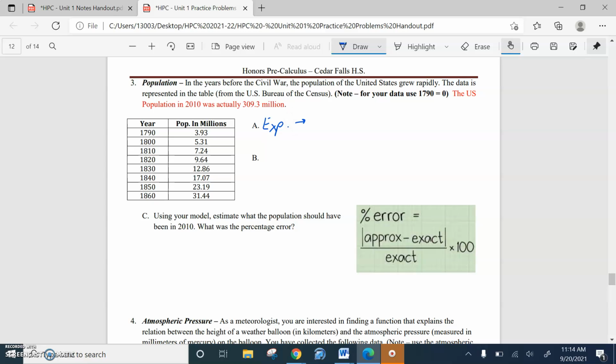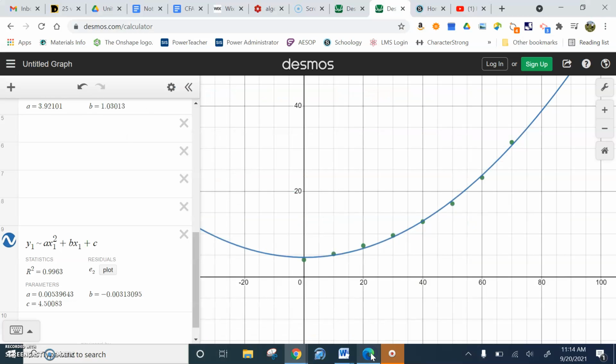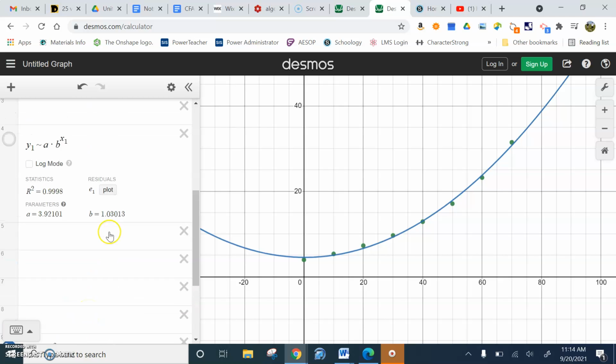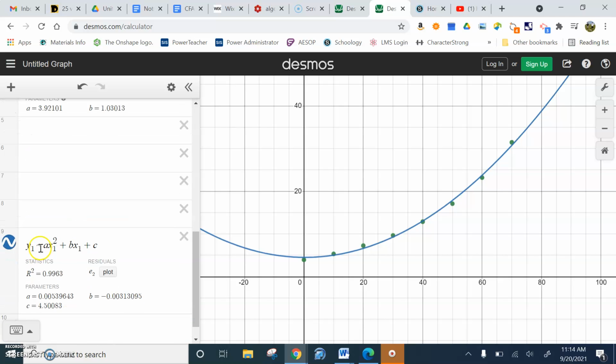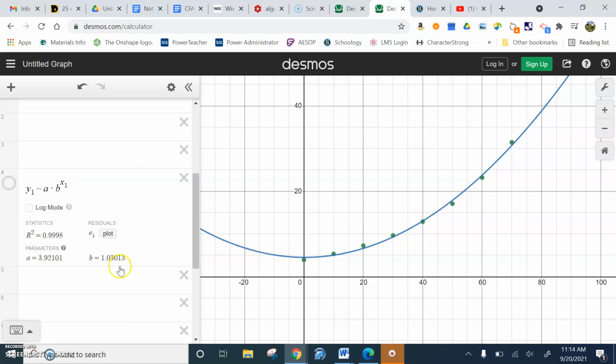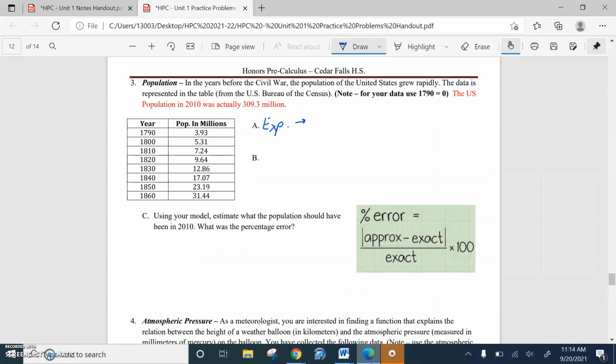And the equation itself, we pulled that. So here's our A, B, and C model values. Nope, sorry, up here, there we go. I was wondering where we got a C from. A and B are right here, so we're going to type that in and say y equals 3.92 times 1.03 to the x.